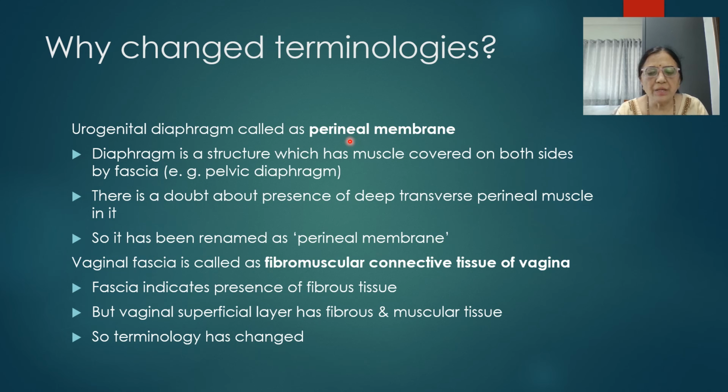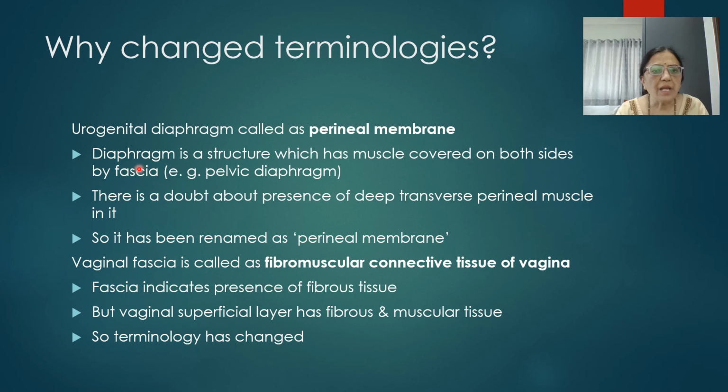That is why I am trying to make this point clearer for you, that urogenital diaphragm and perineal membrane are one and the same, but the current terminology which is being used is perineal membrane.